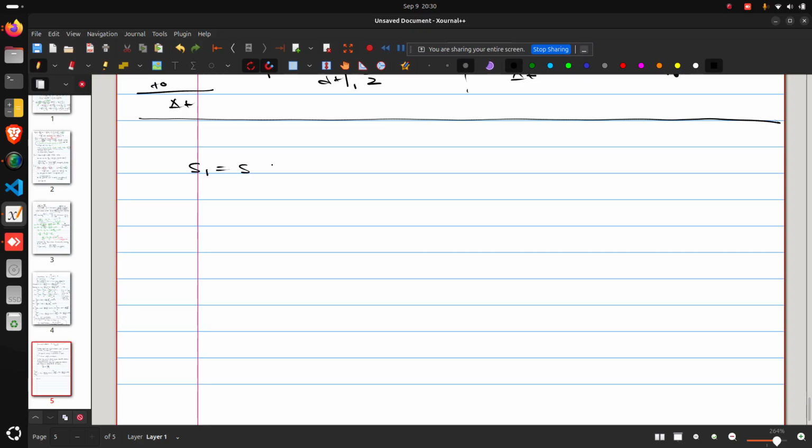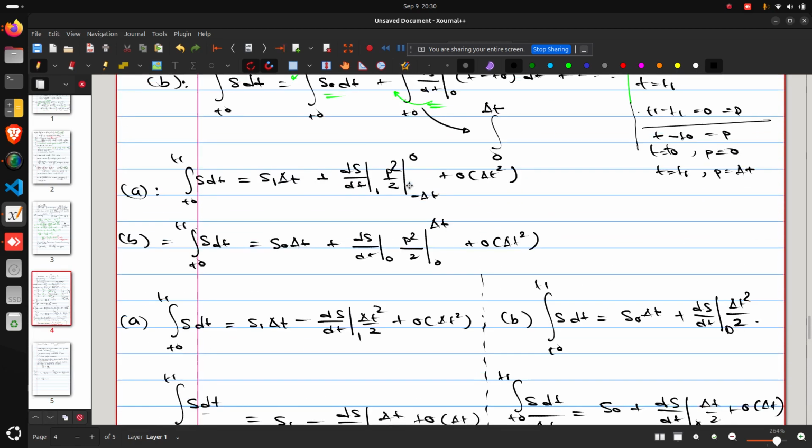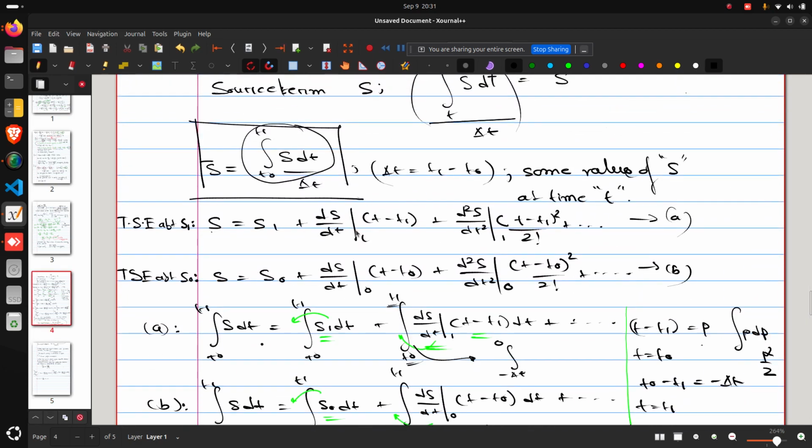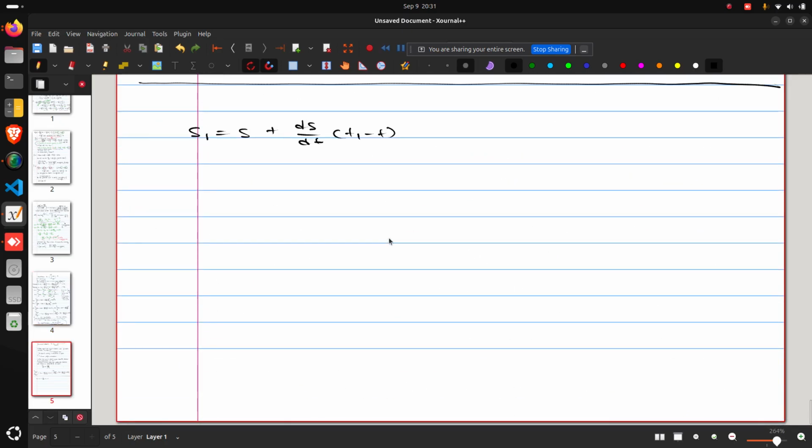So S1 equals S plus ds dt times (t1 minus t), plus d square s dt square times (t1 minus t) whole square by 2, plus order of delta t cube, and similarly S naught equals S plus ds dt times (t naught minus t).